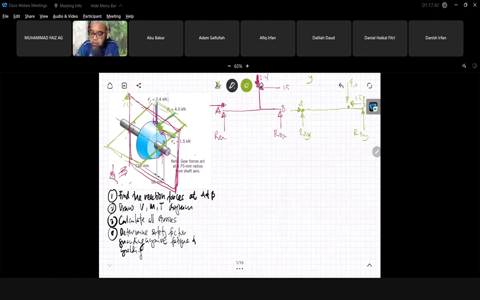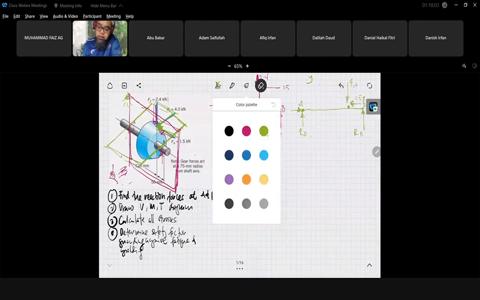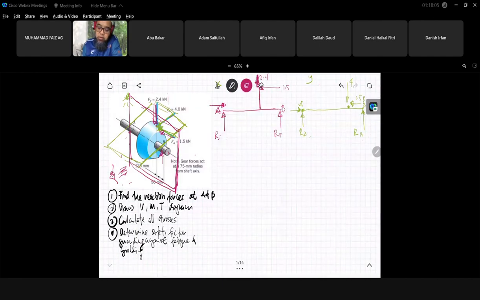Quite confusing, eh? Quite confusing using X and Y. Normally X, Y is the axis, but quite confusing when we use X and Y. So kita pakai satu lah.